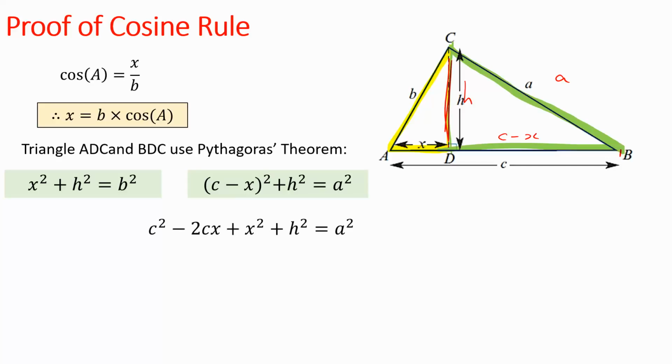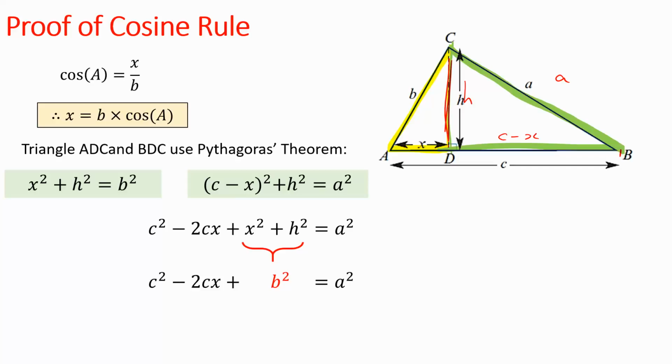Then the nice thing is if you expand this side, you get this complicated expression, but didn't you just figure out over here that x squared plus h squared is equivalent to b squared? So I can rewrite that as b squared. That makes it easier. So we're looking very close to our cosine rule.